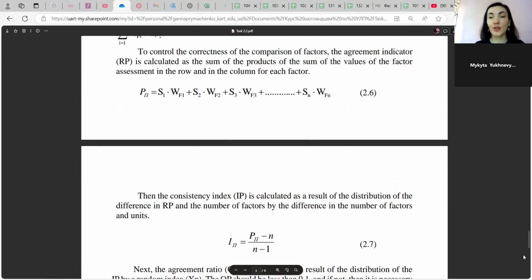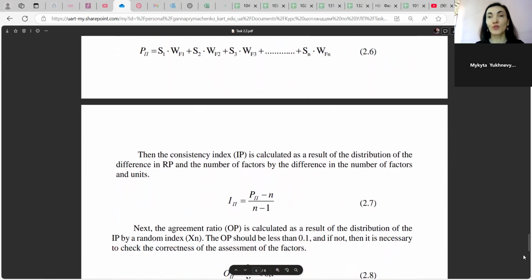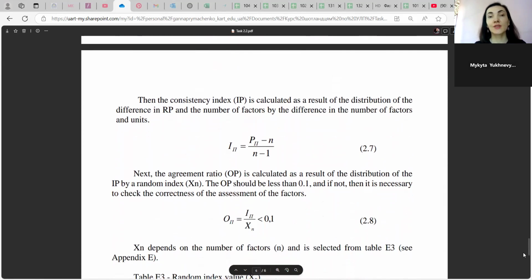And now we continue and calculate formula 2.7. The consensus index is calculated as a result of distribution of the different number of factors by the difference in the number of factors and units.